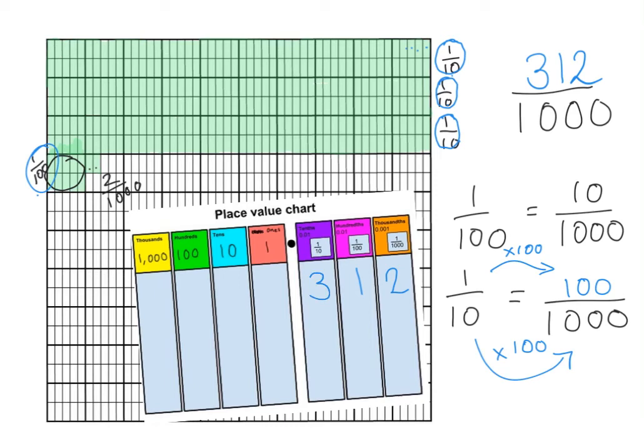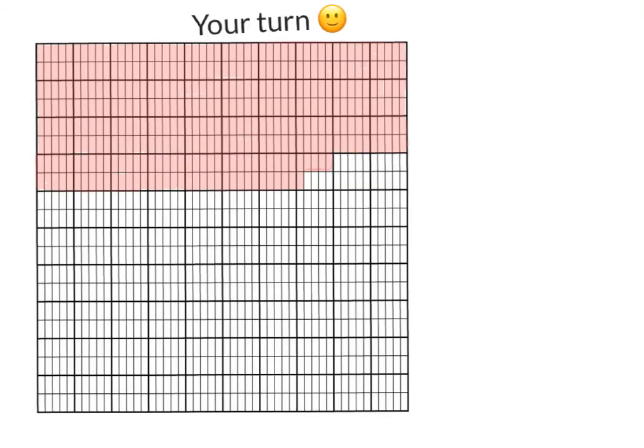I haven't got any thousandth squares that are completely coloured in, so that'll be 0. So 312 thousandths as a decimal is going to be 0.312.